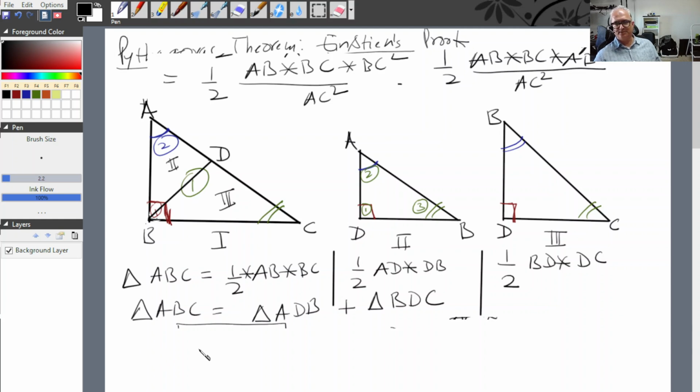So now let's write down the formula of the three triangles. So triangle ABC, the area is simple, half base adjacent. So AB and BC. Now the triangle 2 is that I had kept it here.